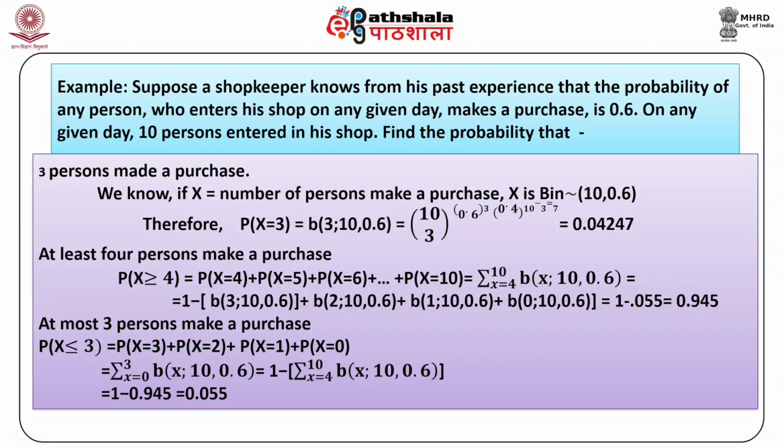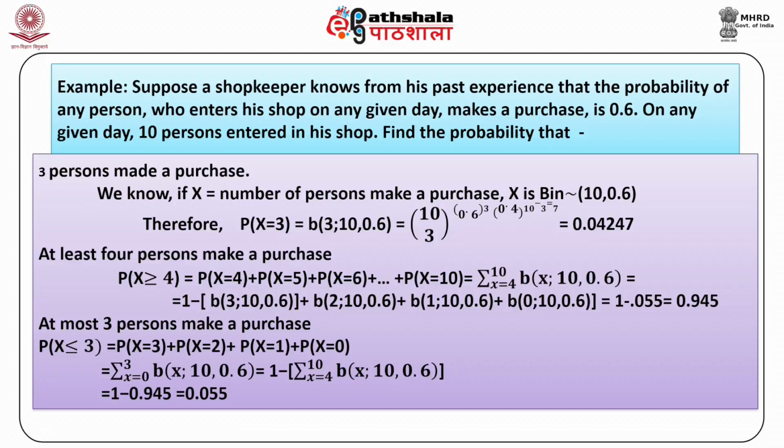Now this is equal to 1 minus [10C0 into 0.6 raised to power 0 into 0.4 raised to power 10 plus 10C1 into 0.6 raised to power 1 into 0.4 raised to power 9 plus 10C2 into 0.6 raised to power 2 into 0.4 raised to power 8 plus 10C3 into 0.6 raised to power 3 into 0.4 raised to power 7].